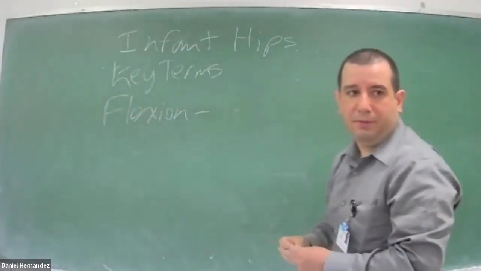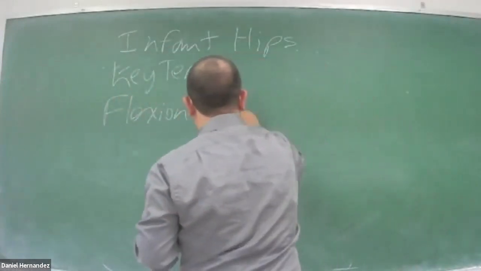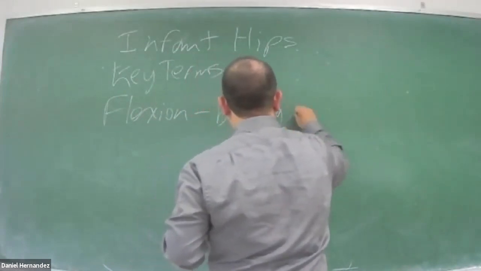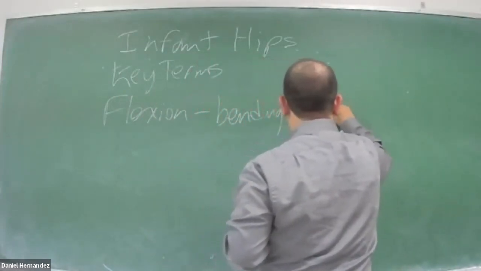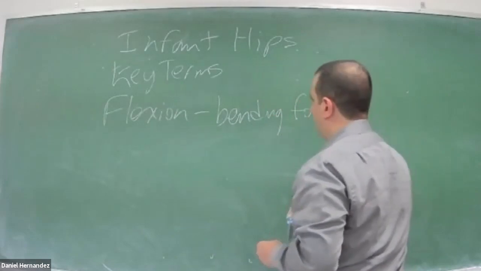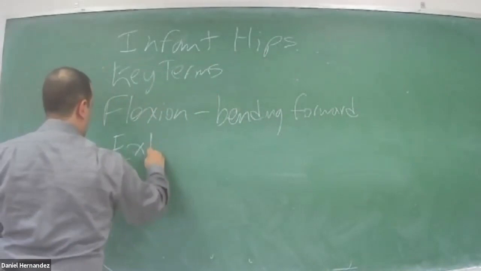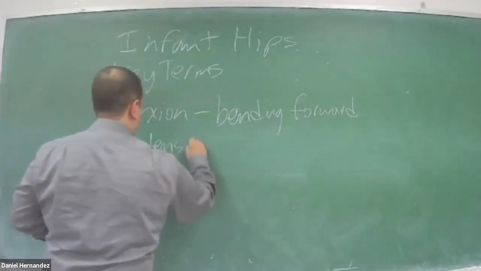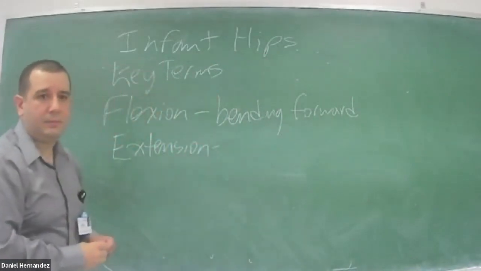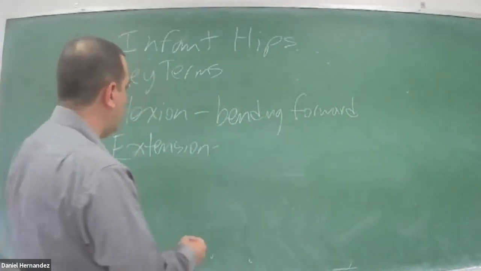Flexion is a bending forward. Extension is a bending backwards.